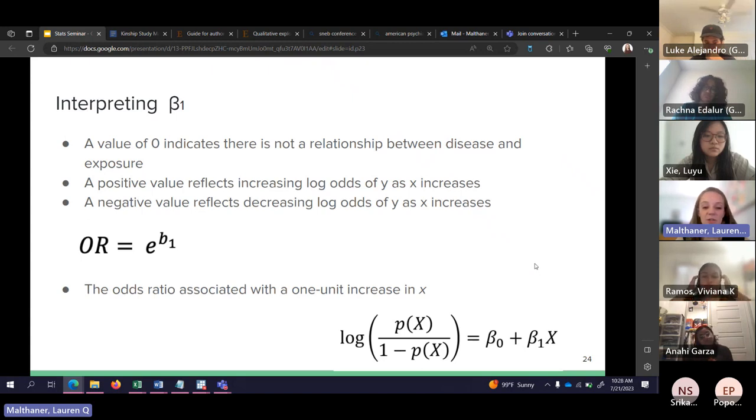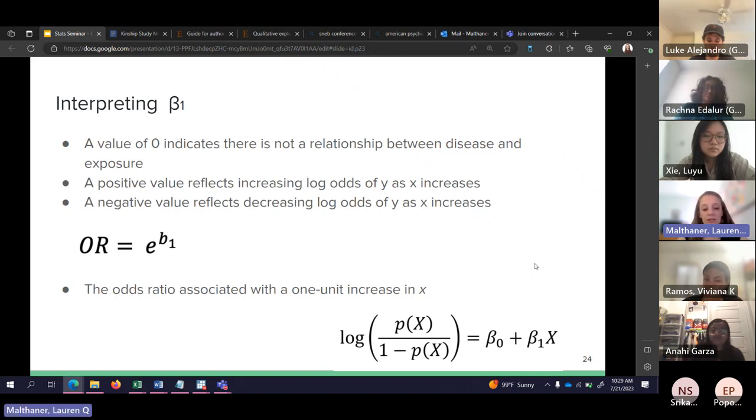Because of this, it's more common to present it as an odds ratio, a ratio of probabilities when you're looking at the probability of one group compared to another group. In order to get your odds ratio from your beta coefficient, you exponentiate your beta coefficient. And that's how it's more commonly presented.